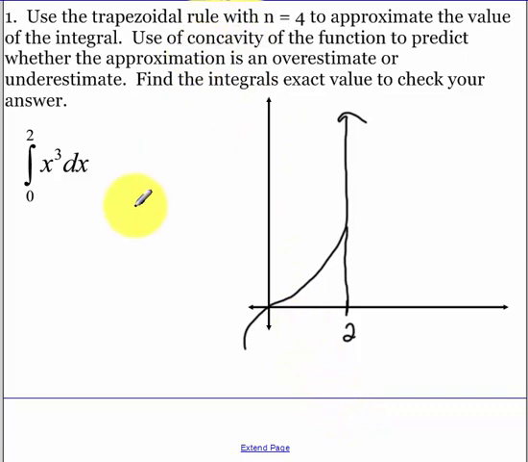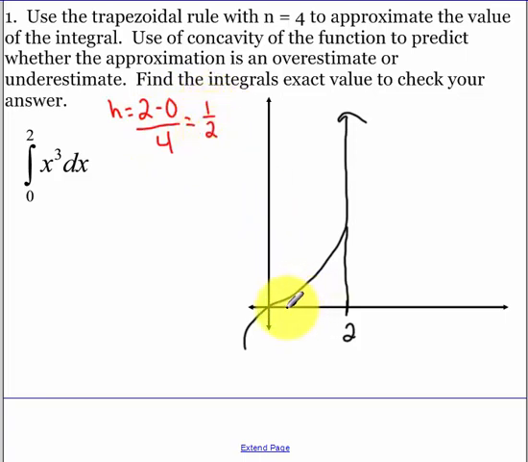So we have to figure out the height of our rectangles. To figure out the height, we do b minus a over the number of rectangles, which in this case is 4, so our height is 1/2.